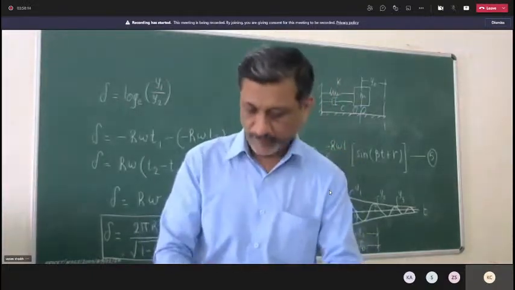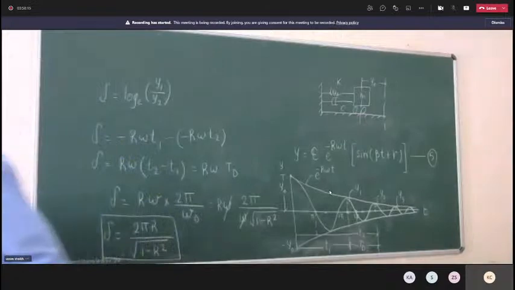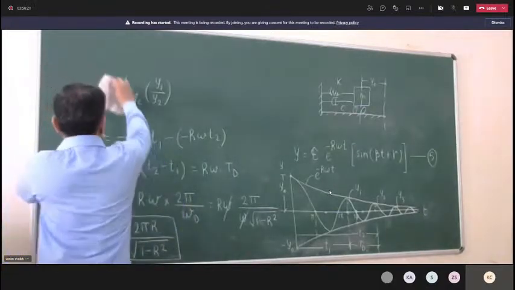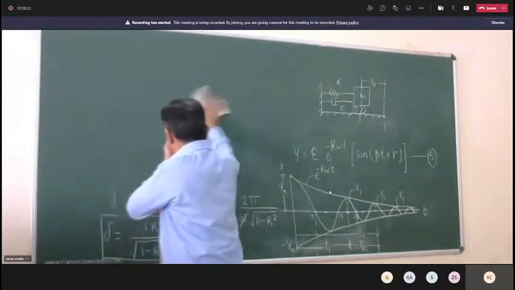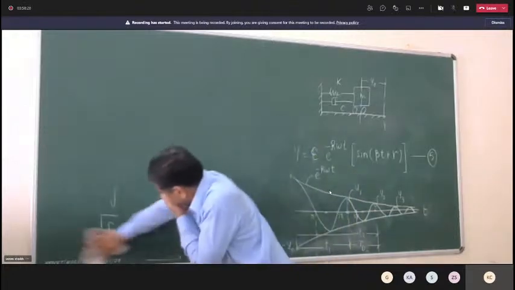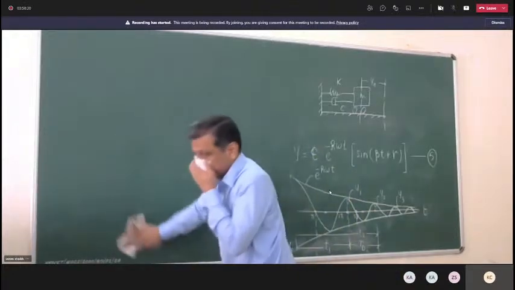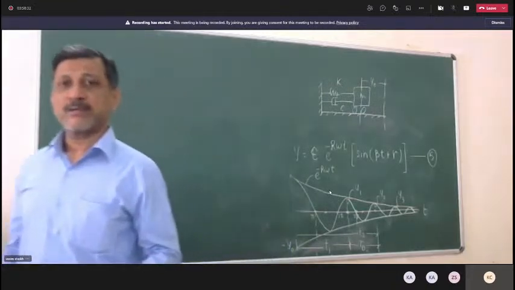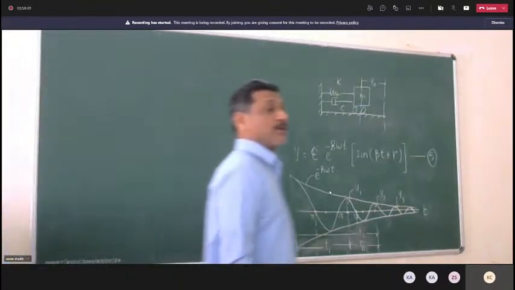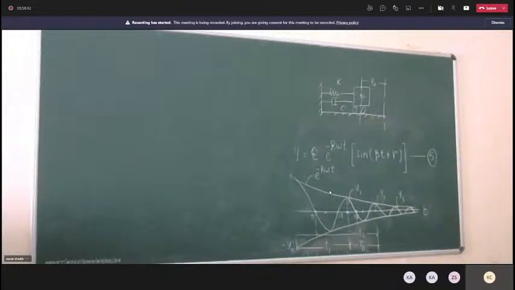As I told you, in the problem that I gave you in undamped systems, the system is given initial displacement y0 and initial velocity v0.